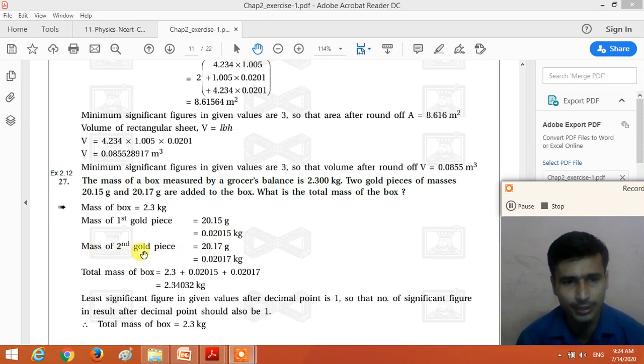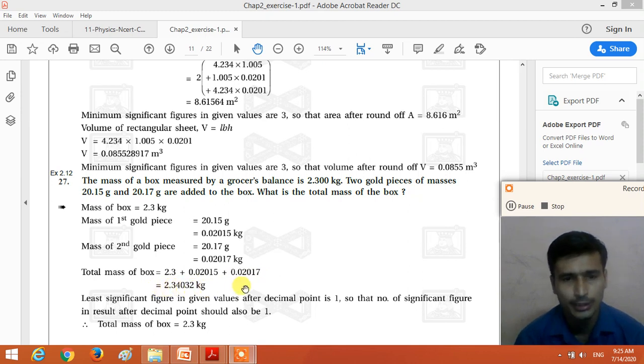Mass of the second gold piece is 20.17 gram, so it is equal to 0.02017 kg, right? So the total mass is 2.3 plus 0.02015 plus 0.02017.